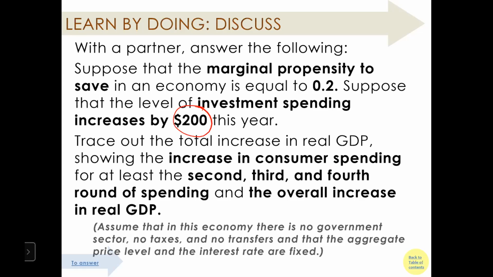You trace out the total impact on our real economy and find out the increase in aggregate expenditure. And by the way, here we assume there's no government, no tax, no transfer, and furthermore, the aggregate price level and the interest rate are fixed.